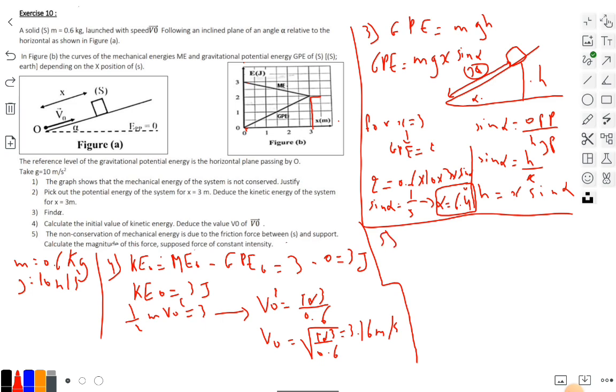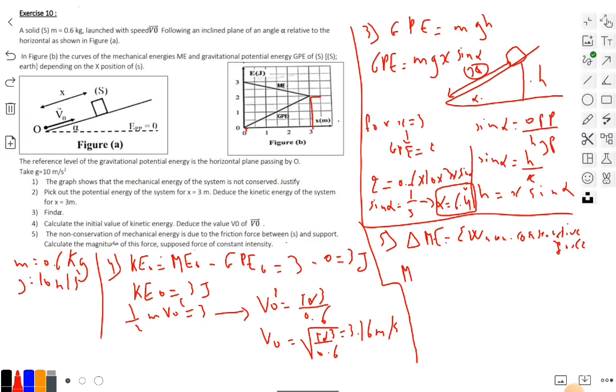Part 5. The non-conservation of mechanical energy is due to the friction force between S and the support. Calculate the magnitude of this force, supposed to be a force of constant intensity. Delta ME is equal to the sum of the work of non-conservative forces. The non-conservative force is the friction in this question.